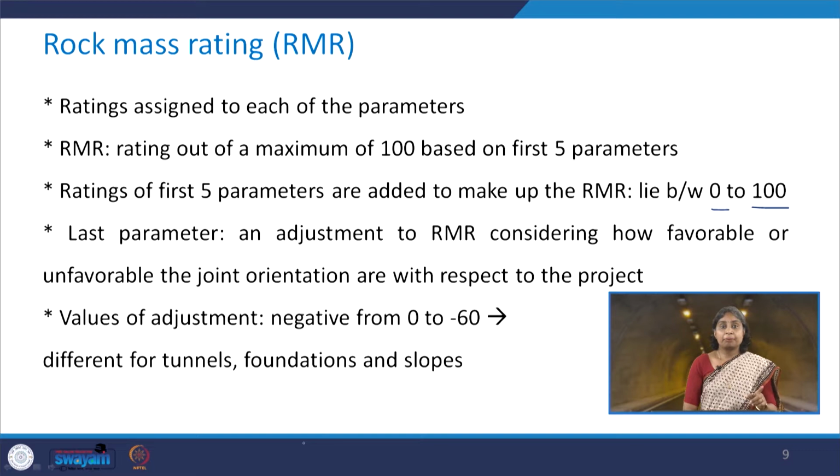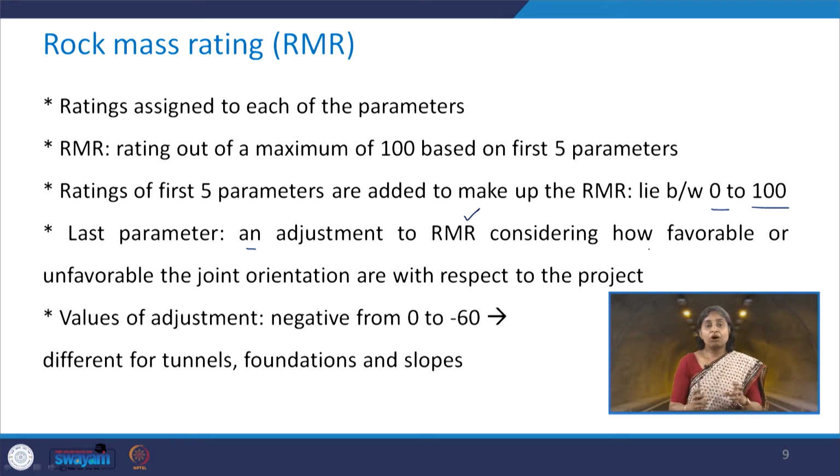The last parameter is an adjustment to RMR considering how favorable or unfavorable the joint orientations are with respect to the project. Now, this project may include the construction of a tunnel, maybe the dam foundation, or maybe related to slopes.